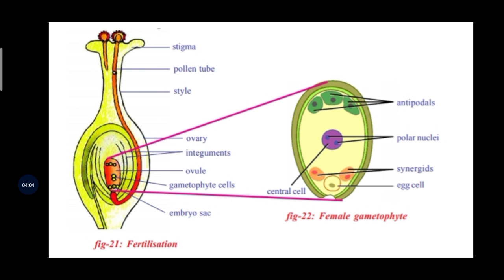That is the help they are rendering, that is why they are called helper cells or synergids. In the center of the embryo sac, we are able to find the polar nucleus or the secondary nucleus, which is diploid in nature. 2 sets of chromosomes will be there. At the top, we are able to find the antipodals. 3 cells are there. They are called antipodals.